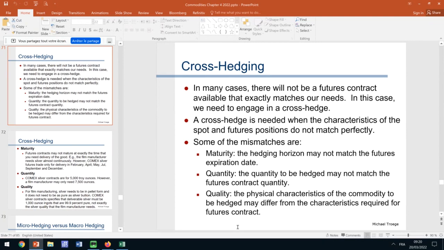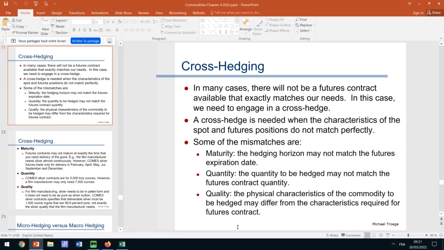If you do not have a perfect correlation between your risk and the risk of the futures contract, you should not buy the same amount of contracts. You should actually buy a lower quantity of futures contracts, because if you buy exactly the same quantity as your production, but both are not perfectly correlated, you will actually overhedge, which means that your combined position, your production and the futures contract, will be more risky than necessary.